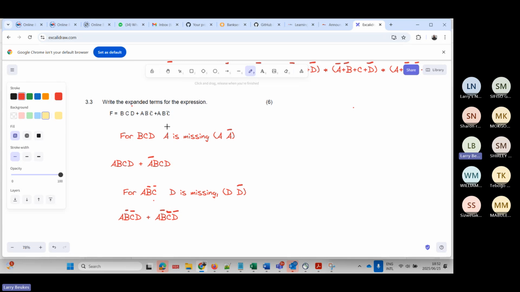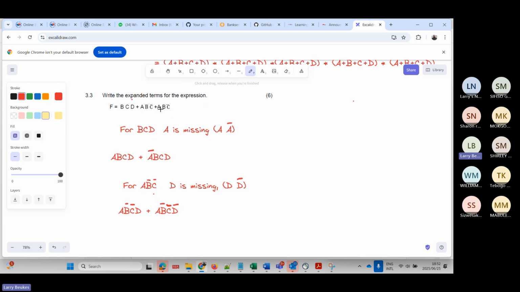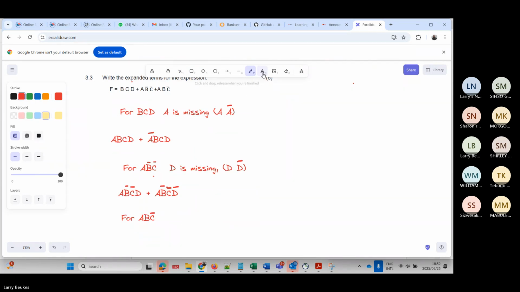Then we go to the last one, AB, not C. So what do we see here? We can see that D is missing as well, right?